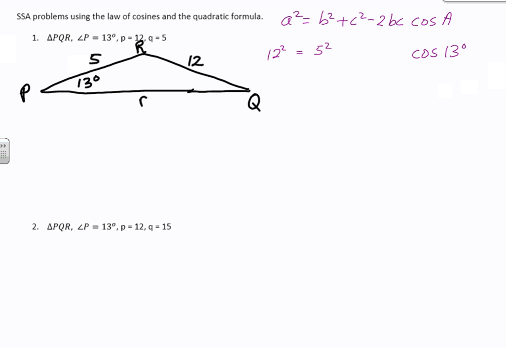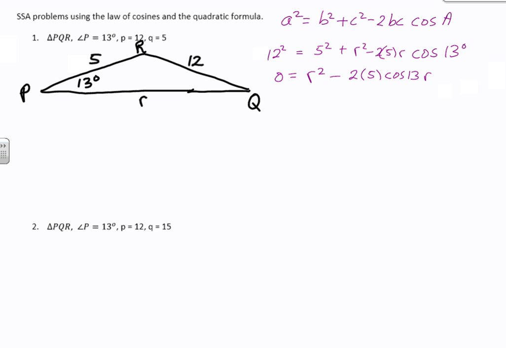5 squared plus R squared minus 2 times 5 times R. Now, if you look at that, that is a quadratic equation. And we just put the quadratic equation on our calculators, our quadratic formula program, and we're going to use that. Here is how I'd rewrite this equation. This is cosine 13.